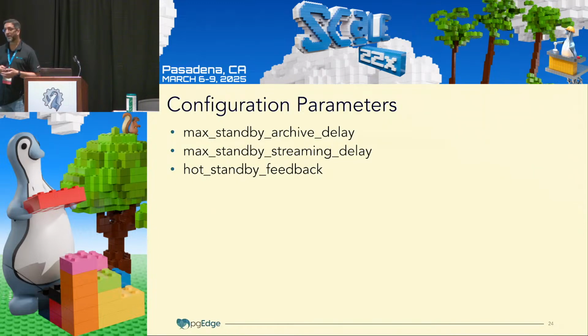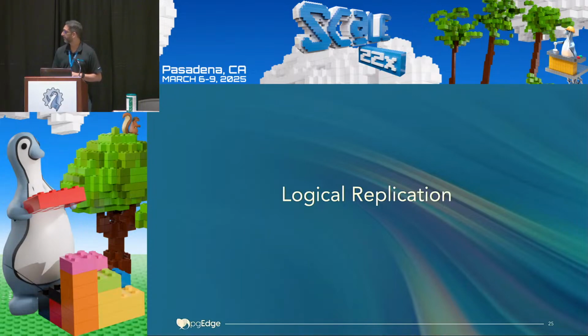Hot standby feedback is a mechanism of informing the primary that the standby is working on certain XIDs and the corresponding tuples should not be vacuumed out or pruned. The problem with this is, what if the standby disconnects for a while and the information is not passed on?